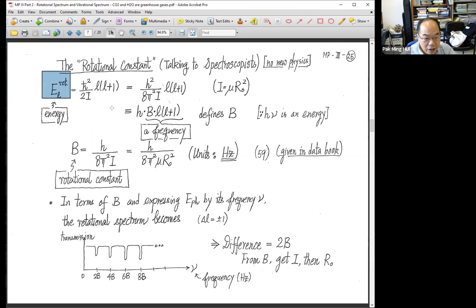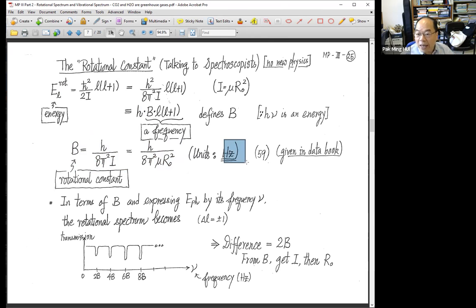This is an energy, h nu is a frequency, so B is a frequency, okay? Now, this B contains the molecule's information along with some fundamental constants. It has a unit of Hertz. This is called the rotational constant of a molecule.